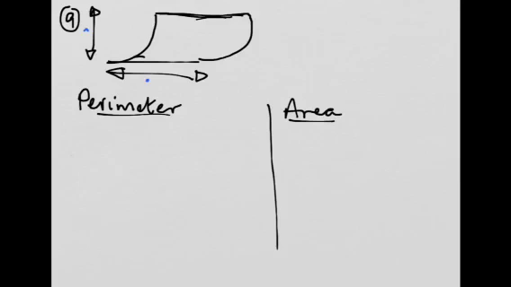How are we going to do the perimeter? Well, think about what this shape's actually made up of. It's made up of a straight part, it's made up of another straight part, and then a quarter circle and a quarter circle. So the perimeter is going to be a straight, add a quarter circle, add another quarter circle.